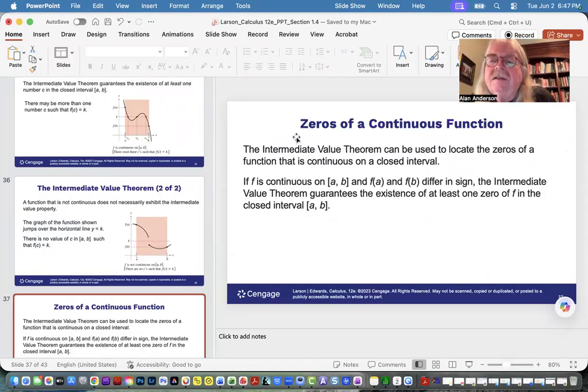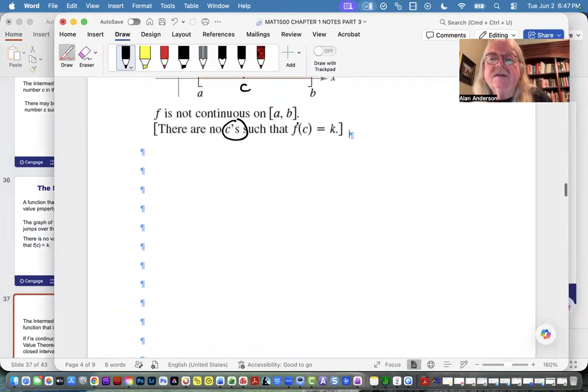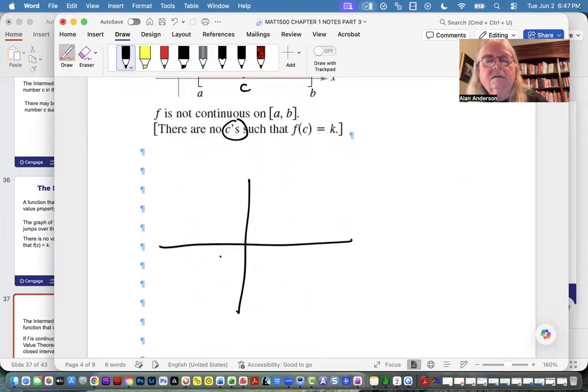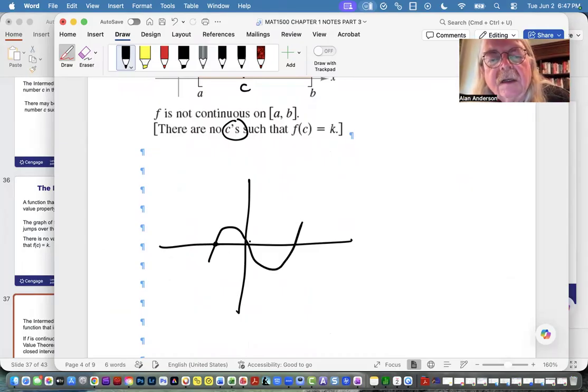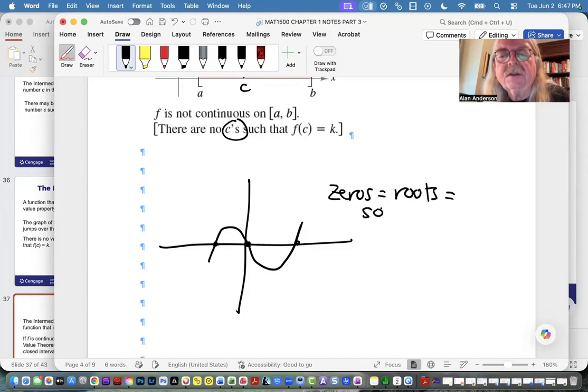Now, zeros. This is something else you're going to spend a lot of time with. Zeros are the points where the curve crosses the horizontal axis. These are sometimes called roots, and they're sometimes called solutions. And so you can think of it as two ways.